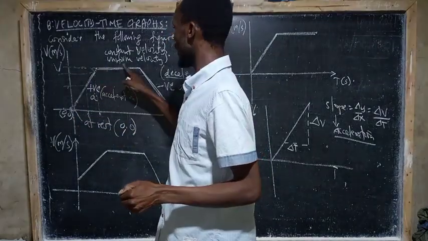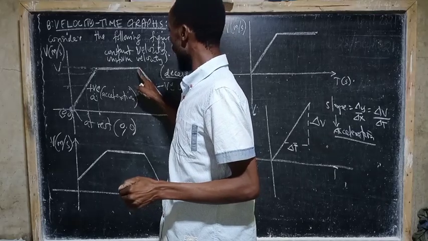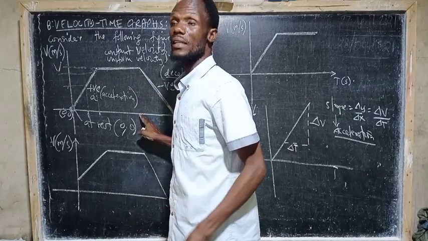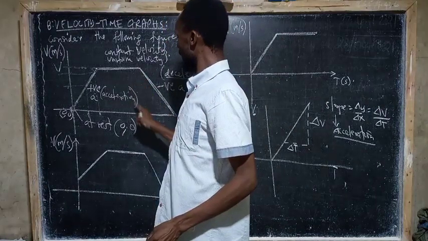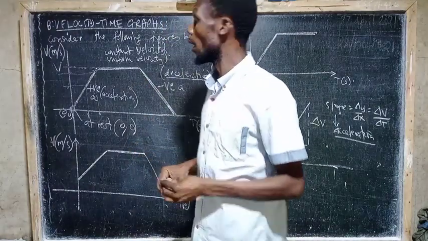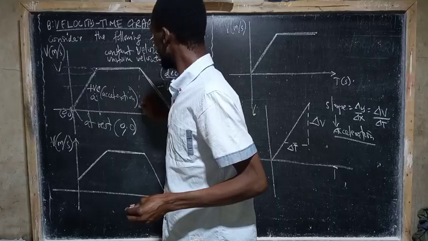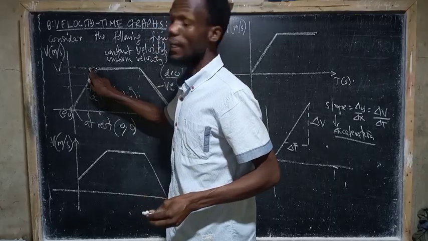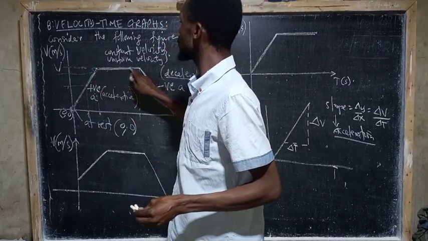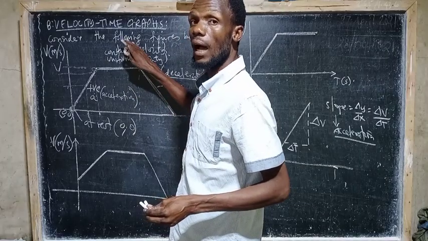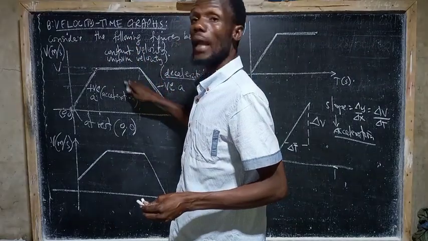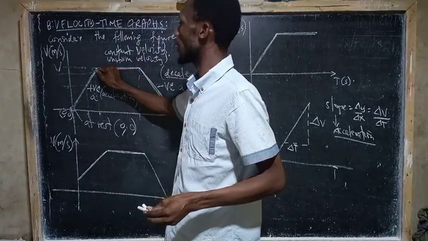Halafu akakeep constant. Alipokeep constant, akaenda kwa umbali fulani mpaka hapa. Sasa kilichotokea mpaka hapa, tafsiri yake ni kwamba muda umeenda, lakini velocity haikuwa inabadilika. Na ndio maana ni straight horizontal line. Maana yake haiwezi ikabadilika. Haipandi, haishuki, ipo pale pale.